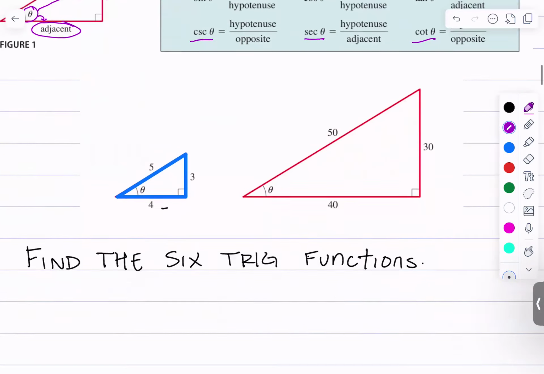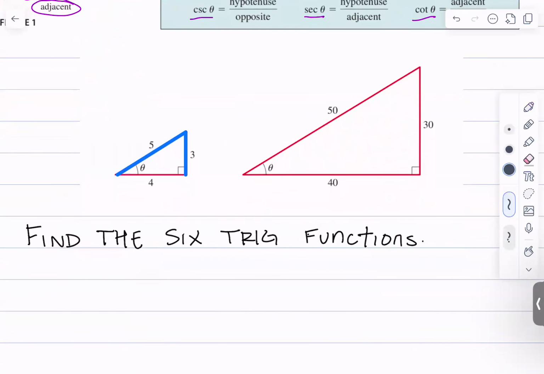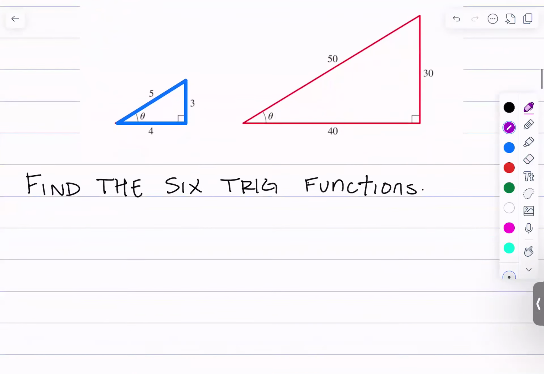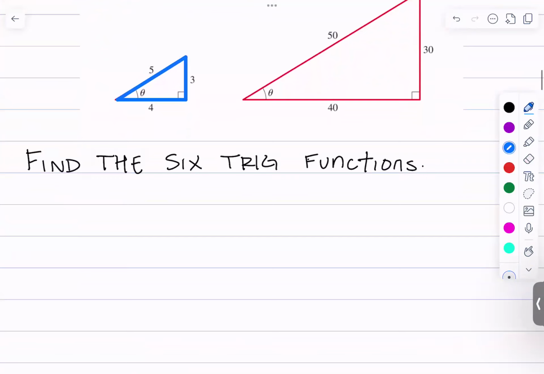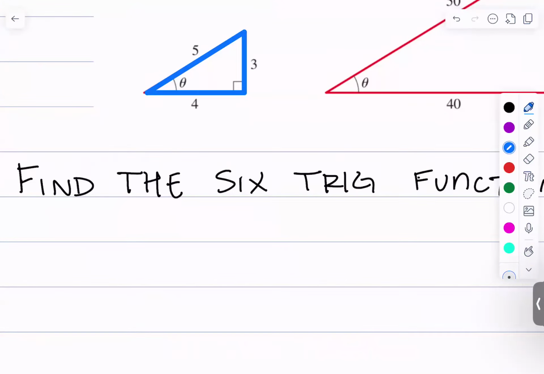So let's find the trig functions of these guys here. In the blue triangle, it's a 3, 4, 5 triangle, right? And we're going to get the sine of theta, cosine of theta, and the tangent of theta as well.